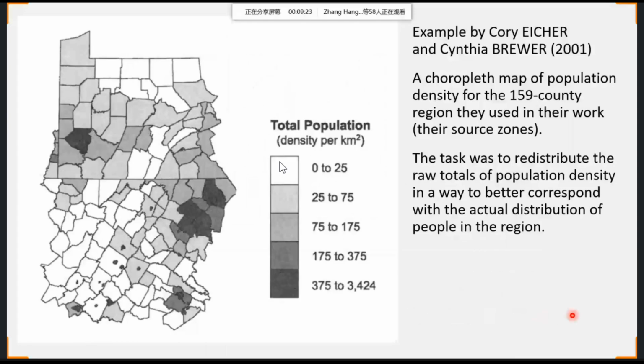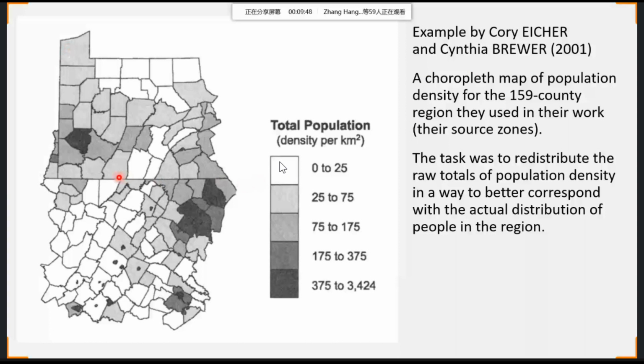This example now is from Cory Eicher and Cynthia Brewer. We see a choropleth map of population density for the 159 county region. It's a multi-state region because it's not just one US state. So here obviously is a border between two US states.